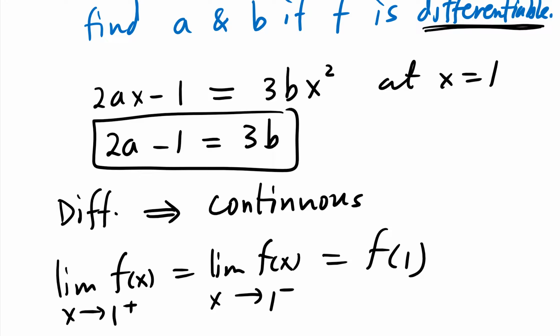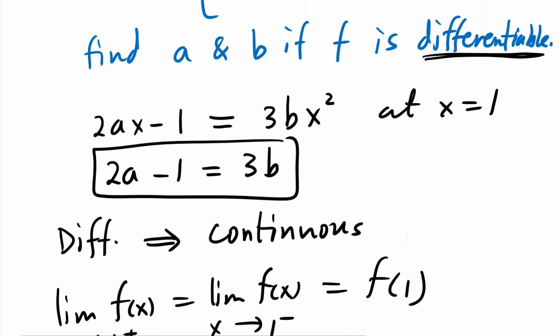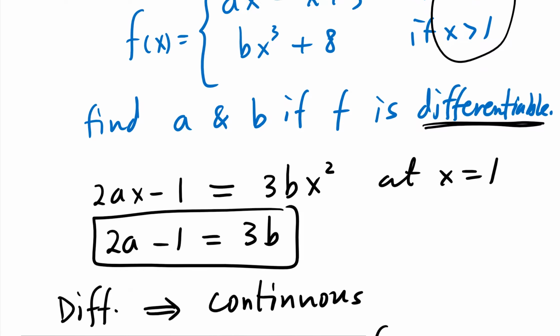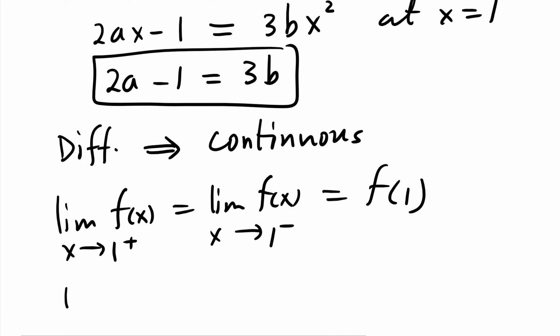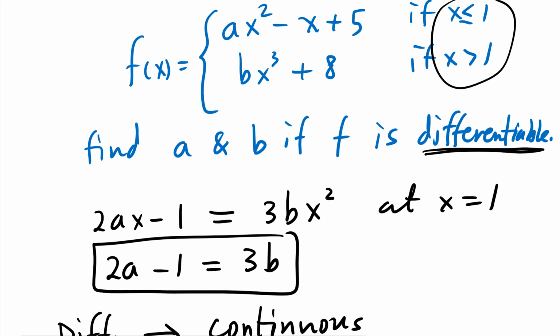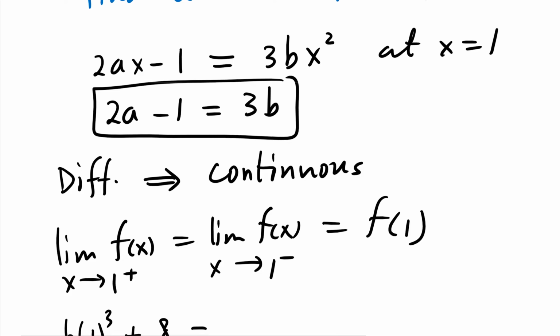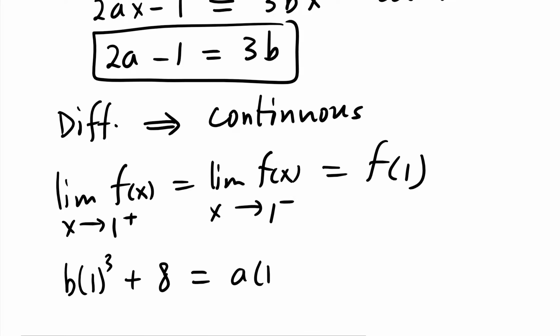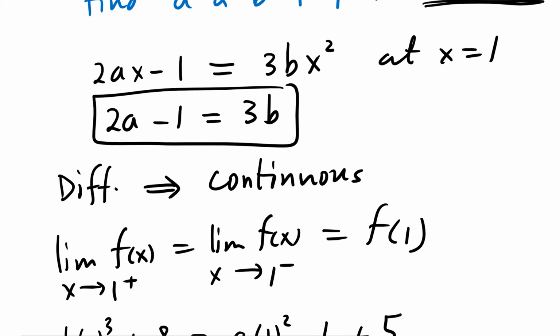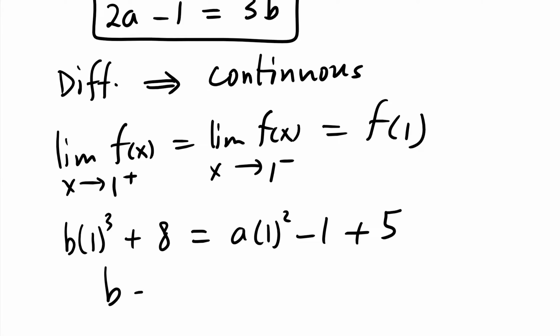From the right side, we choose the second one, so substitute 1 into the second one: b times 1 to the third plus a. From the left side, a times 1 squared minus 1 plus 5. So b plus 8 equals a plus 4.